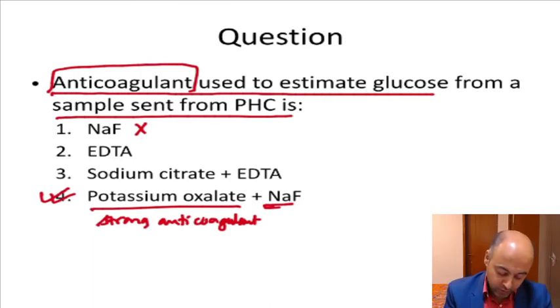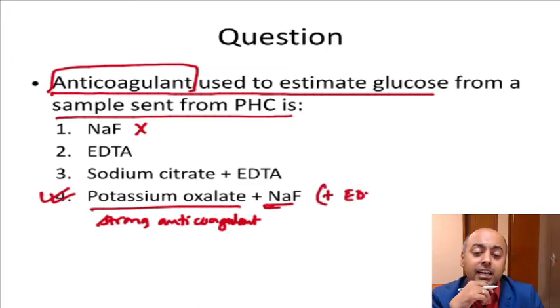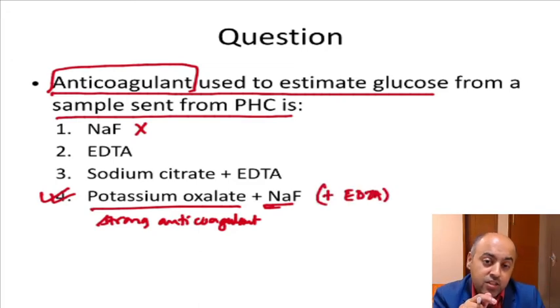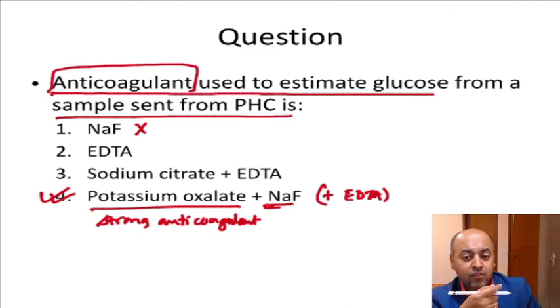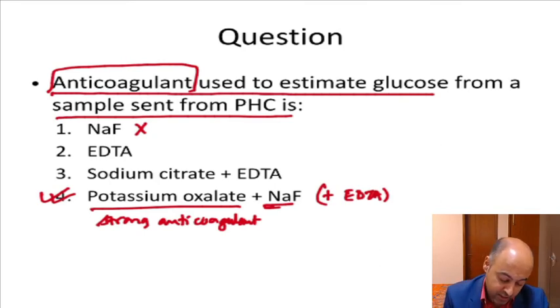It must be attached to sodium fluoride. So it can either be potassium oxalate or it may even be EDTA itself. Any of the two can be there attached to the sodium fluoride. Sodium fluoride must be there because it will block glycolysis, but along with sodium fluoride you must have one strong anticoagulant, whether it is potassium oxalate or EDTA, that's up to you.